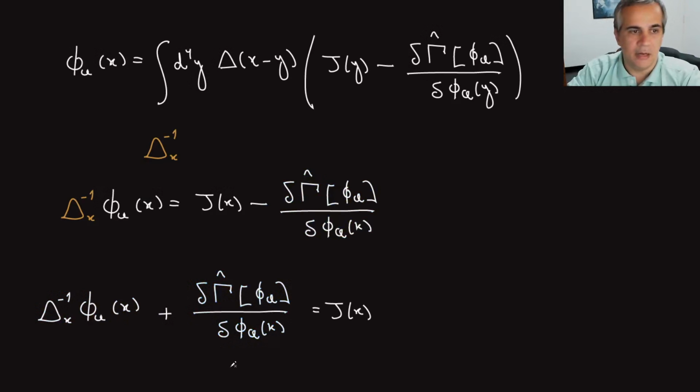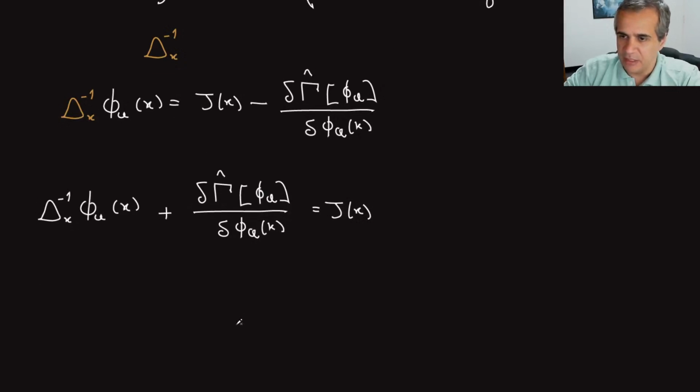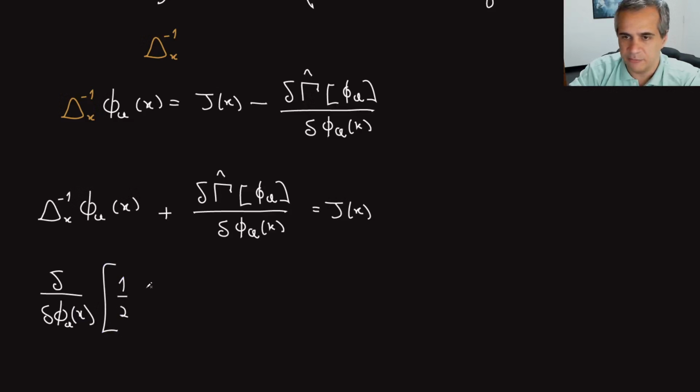And now this guy I want to rewrite as a derivative. It should be clear, but you can easily verify if it's not clear, that this guy is the same as the functional derivative of this one, phi classical.